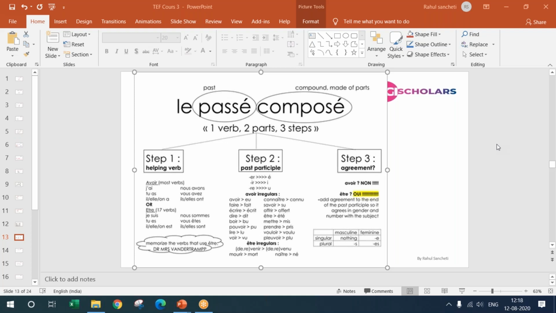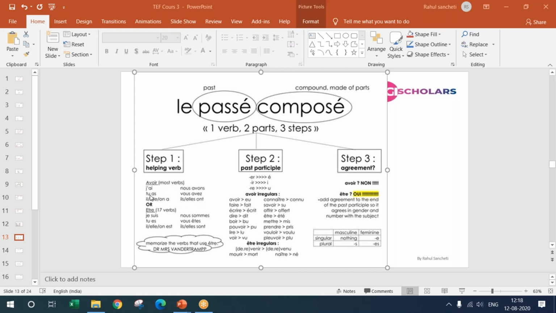And if you remember my words, I said please remember these two conjugations by heart, that is avoir verb and être verb, because these will come in past tense when you conjugate a sentence. So here it is written avoir verb, and then you see most of the verbs. When I say most, it is not all.